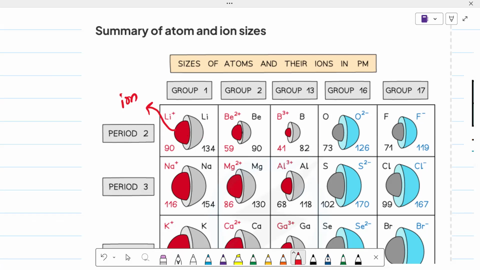And when you go over this side, from lithium to beryllium, what is happening? If you just talk about the atomic radii, what trend have we discussed? No, I am not saying ionic radius. I am talking about the atomic radius: lithium, beryllium, boron.